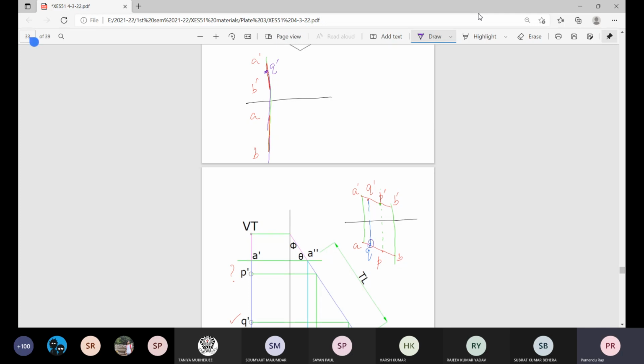Now, what is the real intersection of this projector and this plane AB? We do not know. So for this type of problem, when elevation and plane are both perpendicular to GL along a straight line, this method will not give you a direct solution.